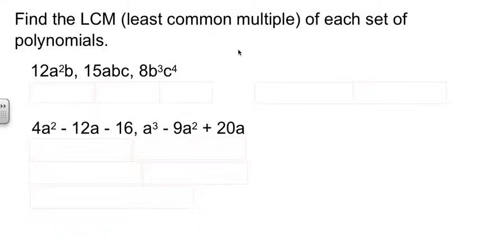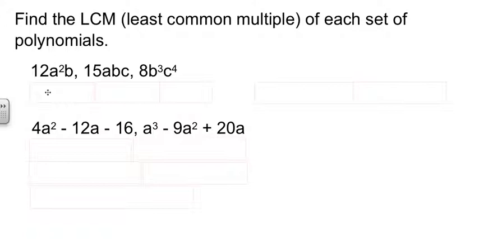And they're going to ask you some warm-up type problems to get you into the idea of finding common denominators. So they're going to ask you to find the least common multiple of each thing. Well, the best tactic for finding least common multiple is to break it down into factors.